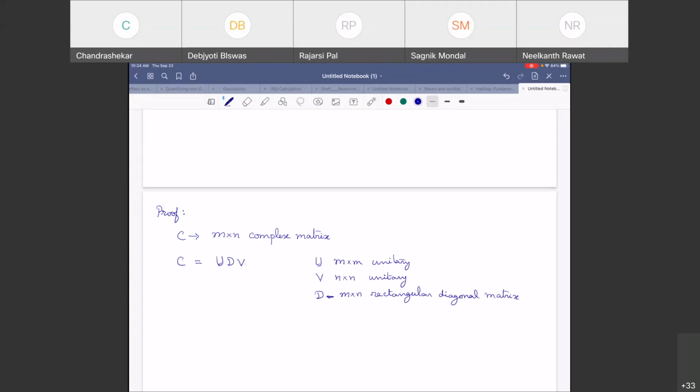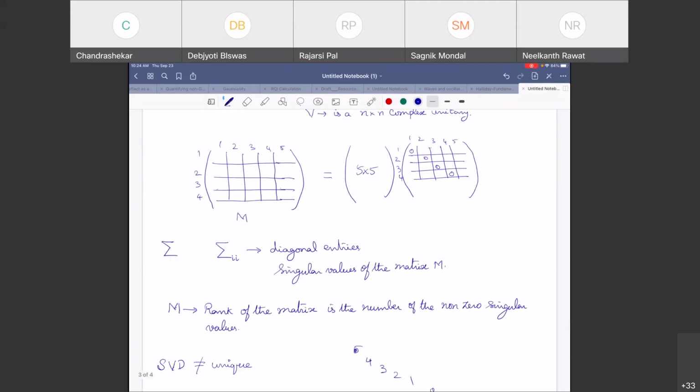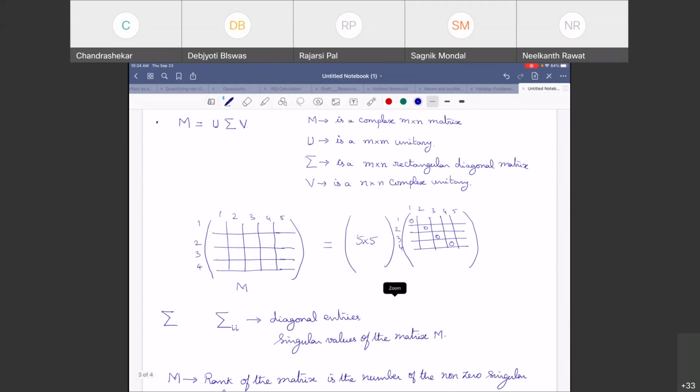If you want to know how many entries will be there in the rectangular diagonal matrix, you should look at the indices M and N and find the minimum of them, and then the number of entries R will be less than or equal to this minimum. As you can see here, this is a 5 cross 4 matrix.